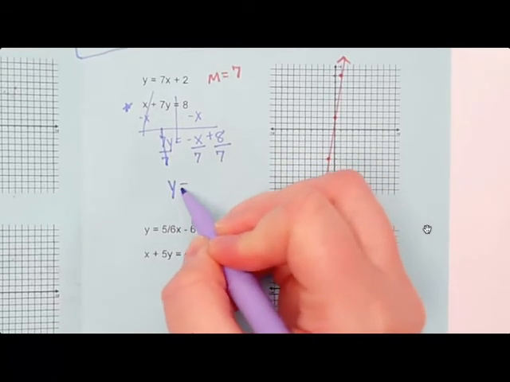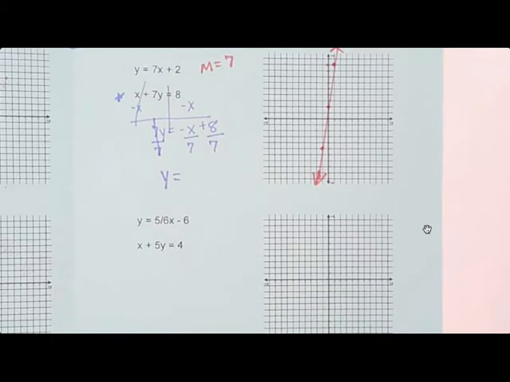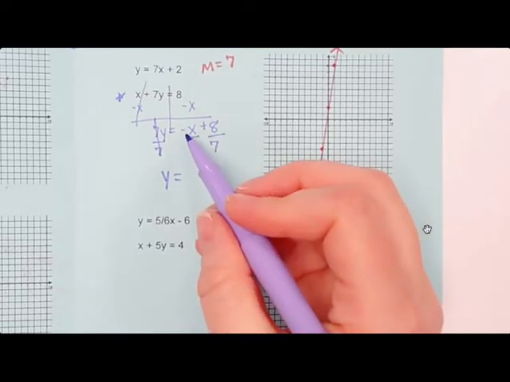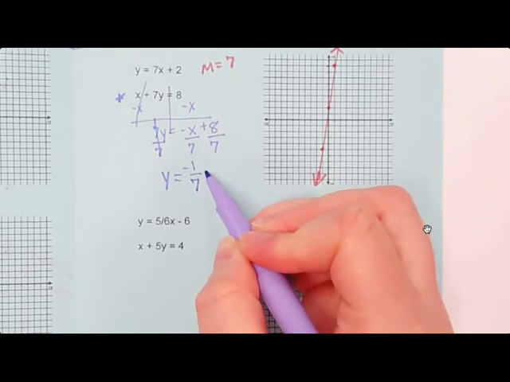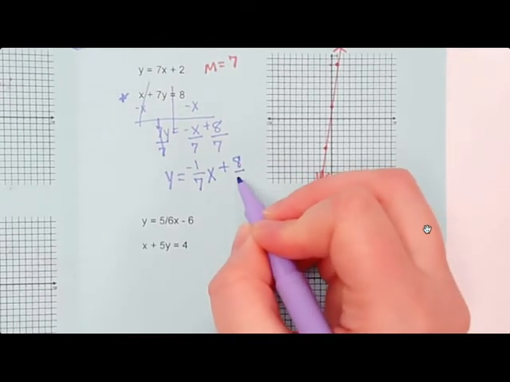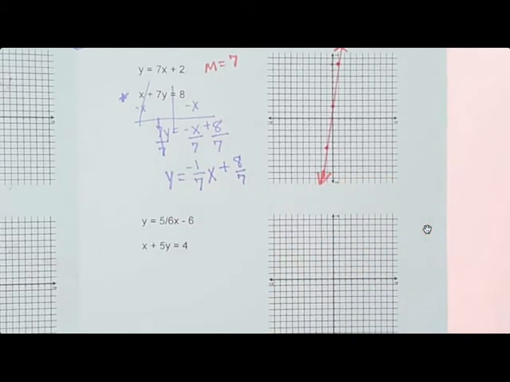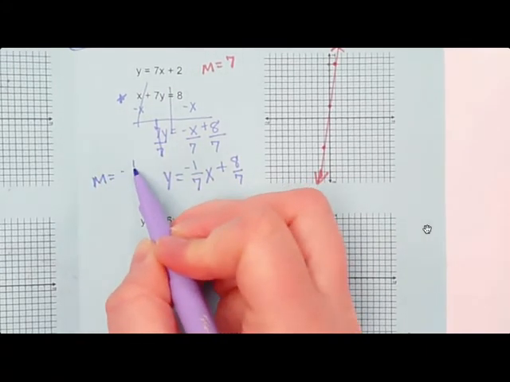So y equals, what fraction is this? Negative what x? Negative 1x. 1 over 7 x. There we go. Plus 8 over 7. So on this one, the slope is negative 1 over 7.